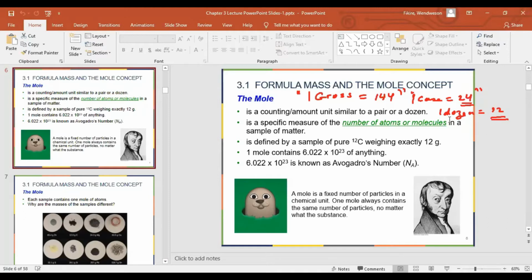Even scientists have discovered that just one drop of water has about 2 times 10 to the power of 23 molecules of water. That's experimentally determined or proven. You can imagine how huge it is.